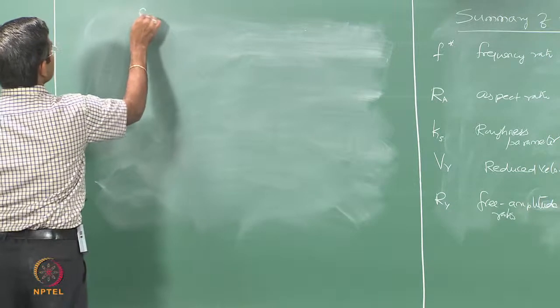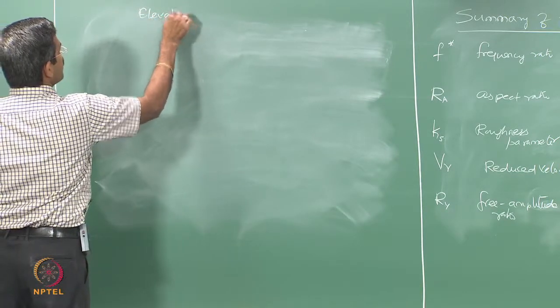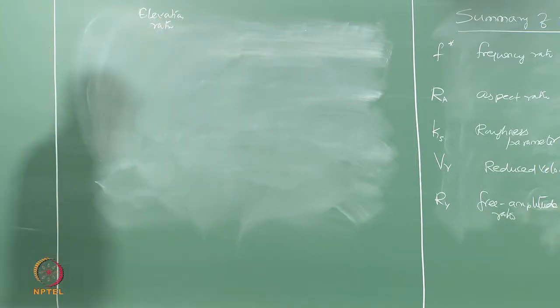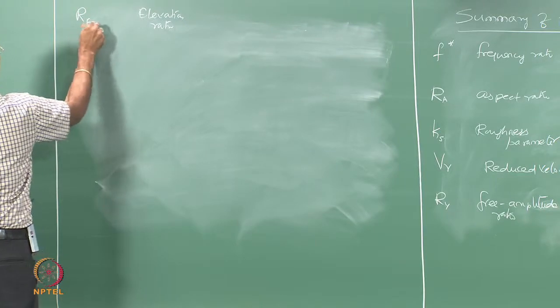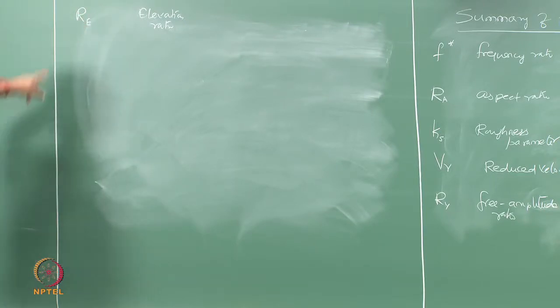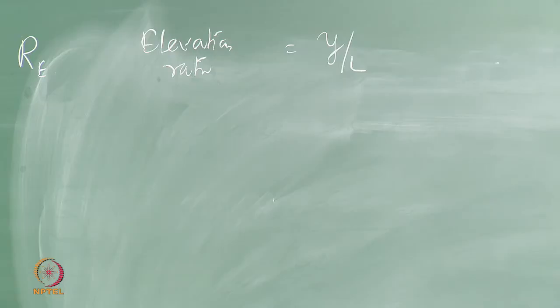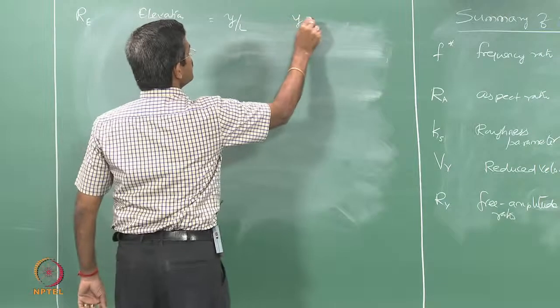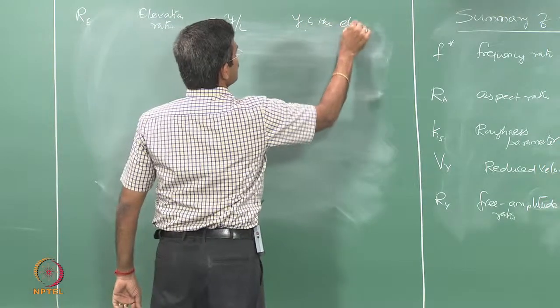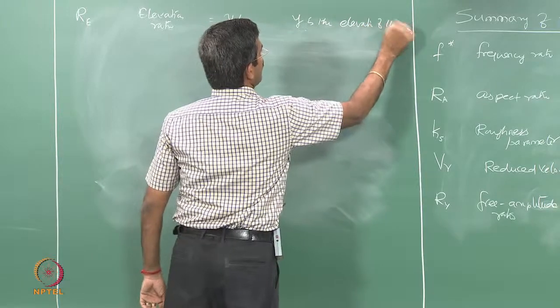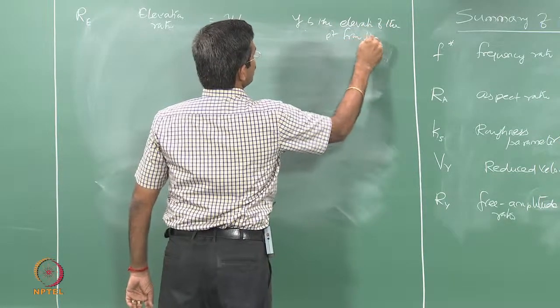Elevation ratio, which is Re. Of course, this may get confused with the Reynolds number, Y by L, where Y is the elevation of the point from the free surface.